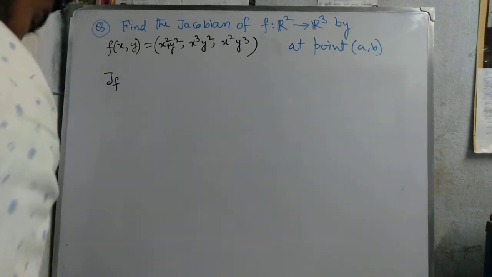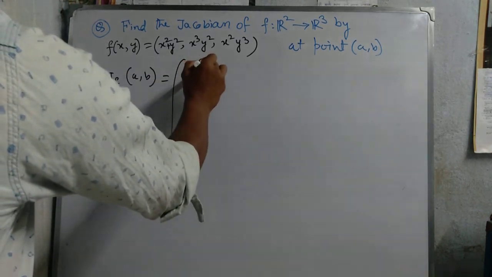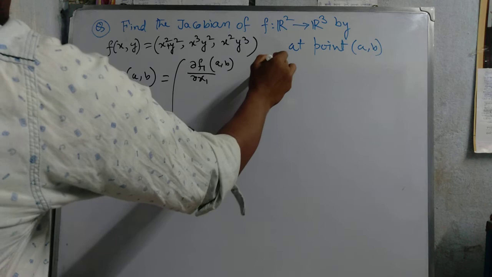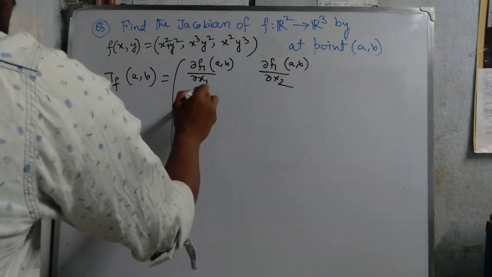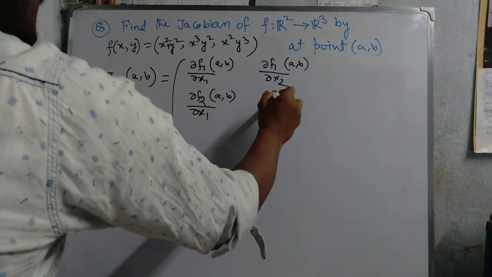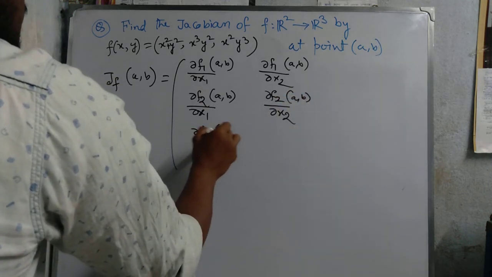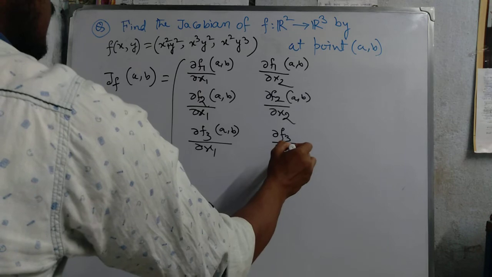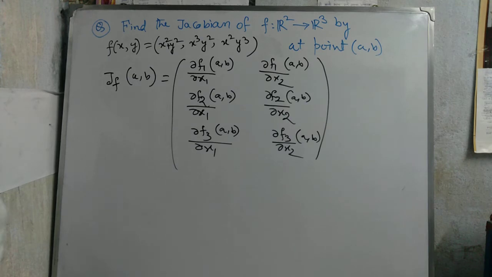Then Jf(a,b) equals the matrix of ∂f1/∂x1, ∂f1/∂x2, ∂f2/∂x1, ∂f2/∂x2, ∂f3/∂x1, ∂f3/∂x2 and so on.